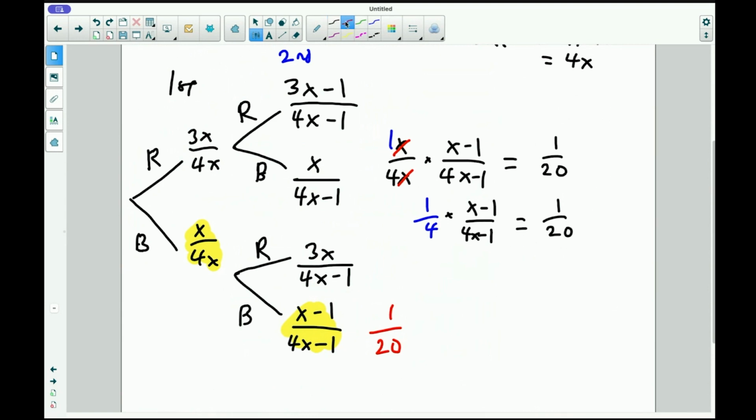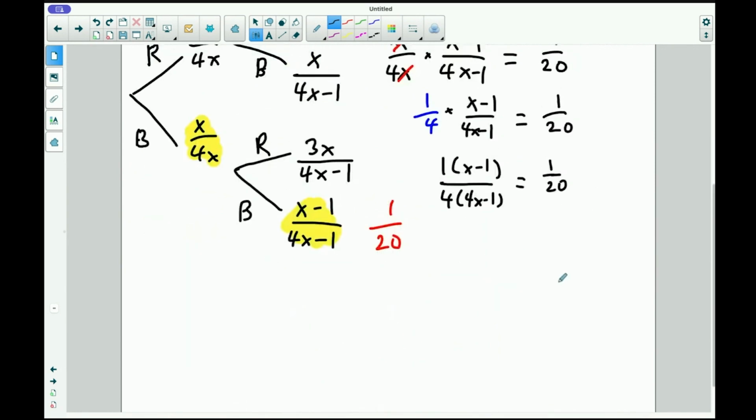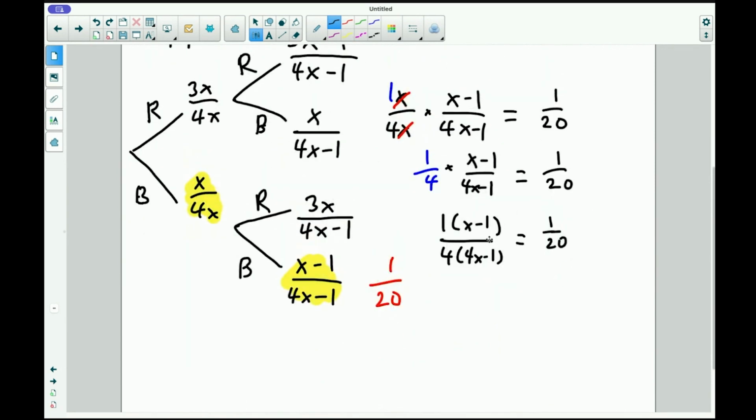When I multiply these, I can expand my brackets. If you want to write it like this, 1 times x minus 1 over 4 times 4x minus 1, perfectly fine. We'll expand our brackets, so we'll have x minus 1 over 16x minus 4 is equal to 1 over 20.